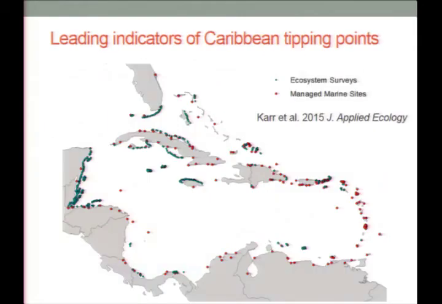One example of how ecologists are trying to identify these leading indicators comes from a paper by Kendra Carr and her co-authors. What they did was analyze data from a bunch of different coral reefs across the Caribbean to see if they could actually find indicators of tipping points in these coral reef systems.